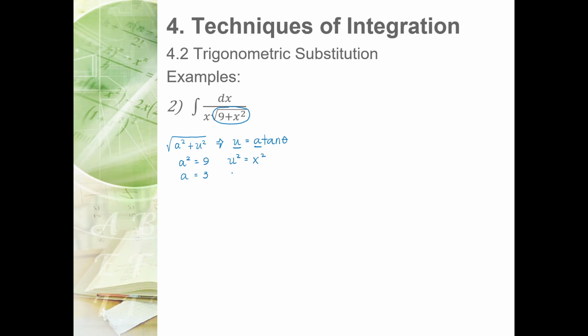Then next is your u parameter is equal to x. Upon determining your values for a and u, we now utilize the formula. The formula is u equals a tangent theta, so that will be x is equal to 3 tangent theta.